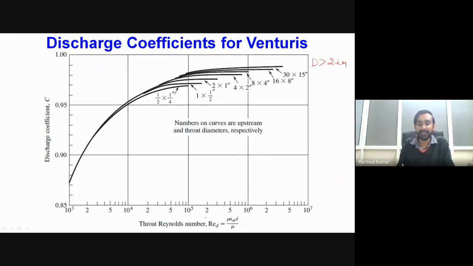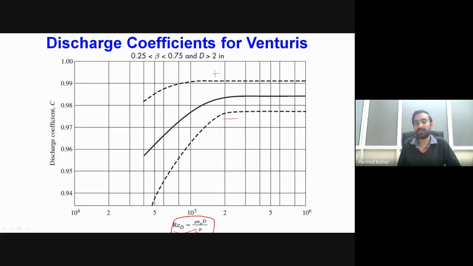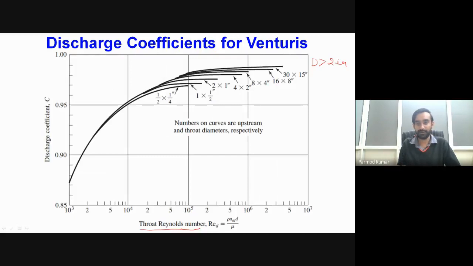Okay, whereas in case of this particular second plot, here Reynolds number is actually given based on the diameter of the throat of the Venturi. So you have to take care that while you are obtaining the value of the coefficient, different length scales are used for determining the value of the Reynolds number. So here you can see specifically it is mentioned that it is a throat Reynolds number, whereas in the previous case it was actually the Reynolds number corresponding to the upstream pipe. Okay.